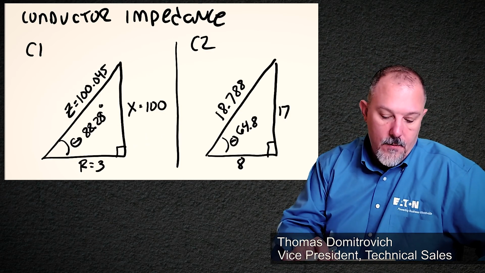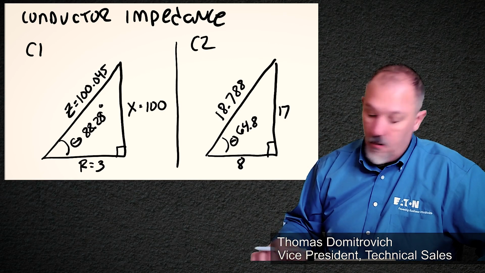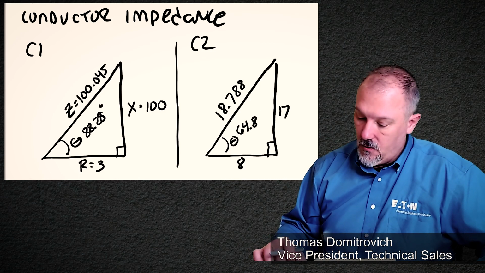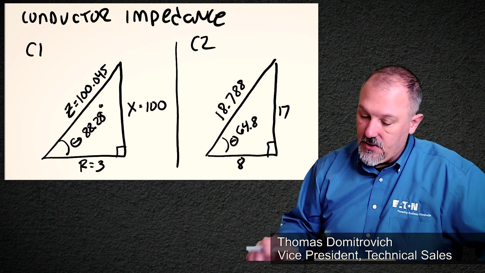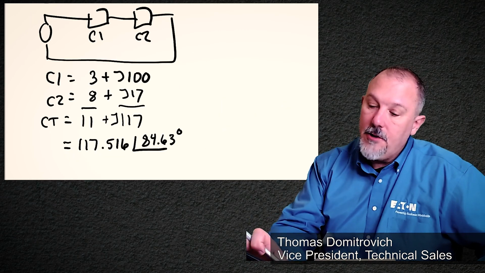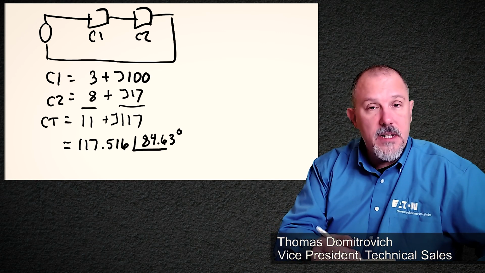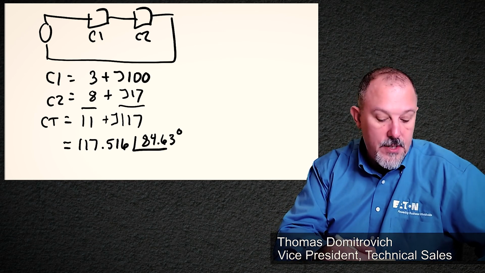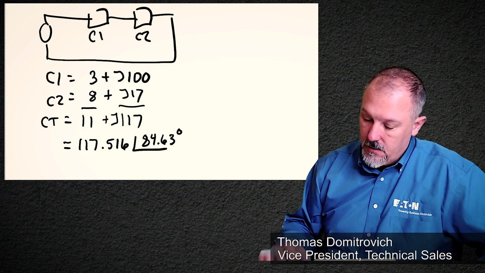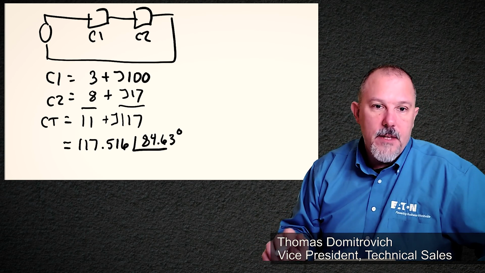Now, the hypotenuses were 100.045 and 18.788. Adding those comes out to 118.83. By doing it via complex variables, I know that my magnitude is actually 117.516. The difference is 1.317.